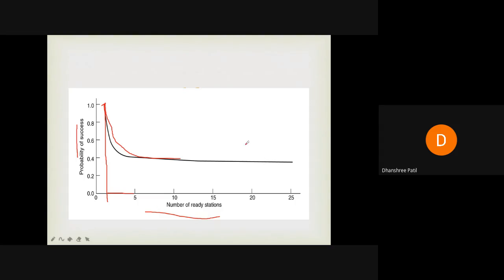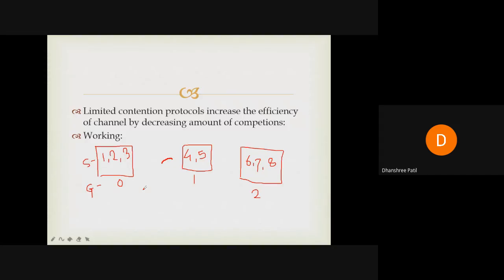Obviously, one channel is there and stations are already there. Suppose 20 stations are there. How to minimize them? Everyone wants to access this channel. We cannot boycott anyone. So how to minimize this competition is done by using a limited contention protocol.